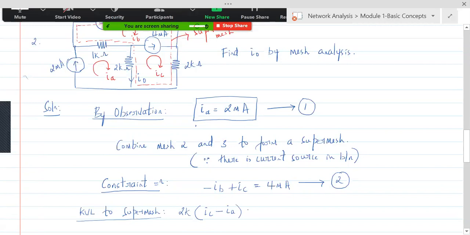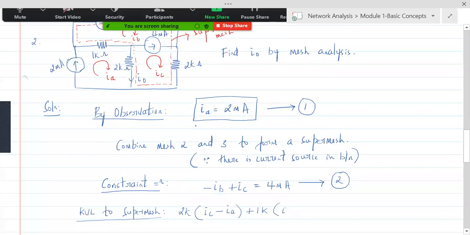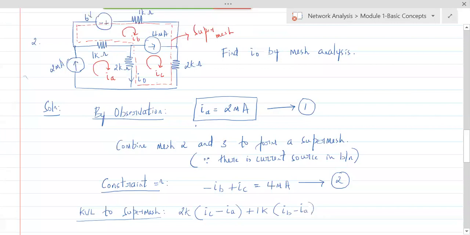Understand that? Then after this, let's move on to this 1 kilo. So how does it look like? It's plus 1K into IB minus IA. Next comes the 6. I'm moving in this direction, mind you. Next comes the 6 volts.